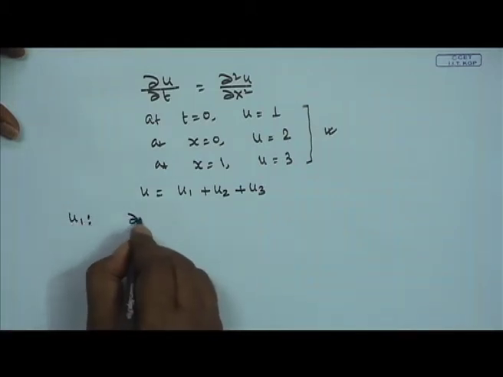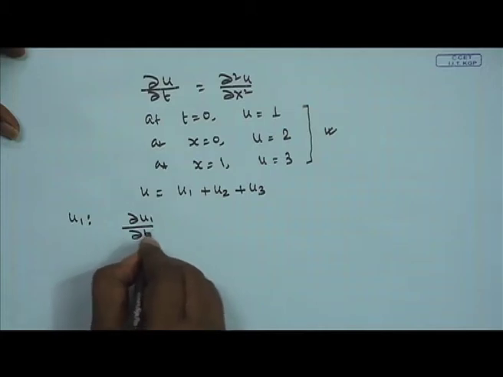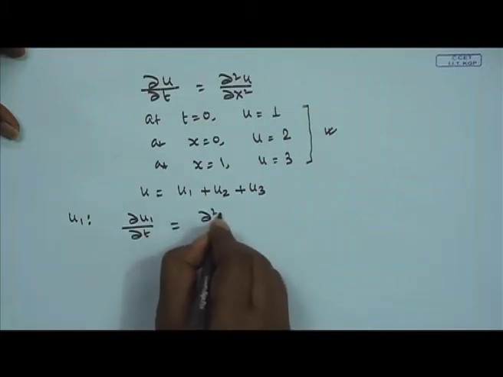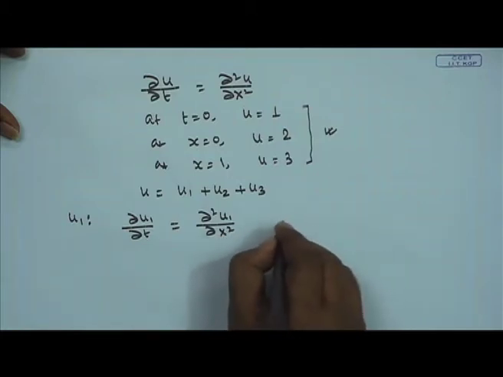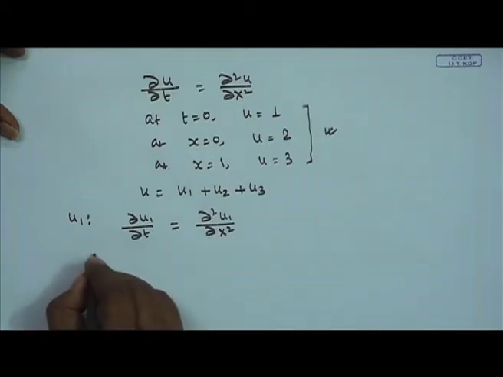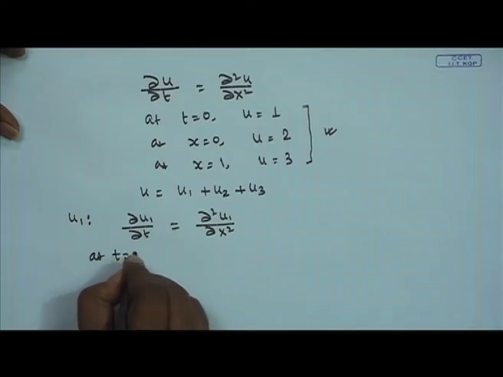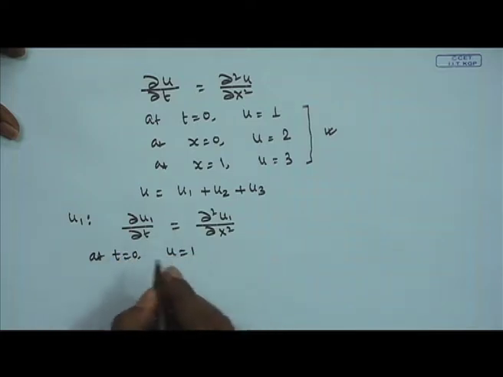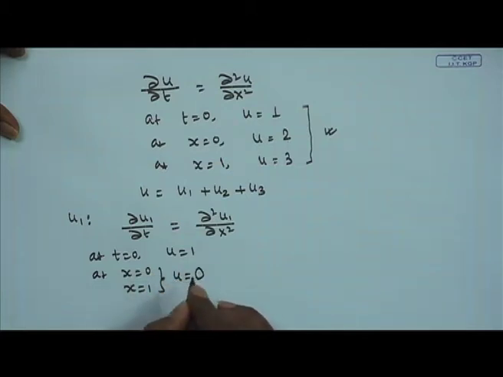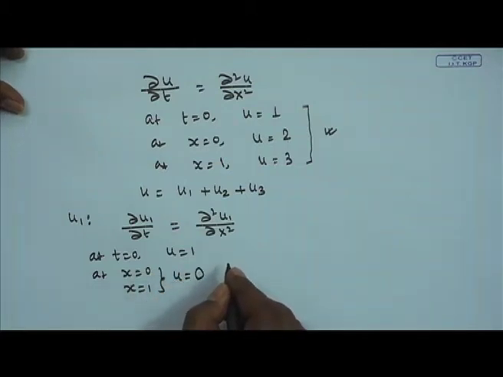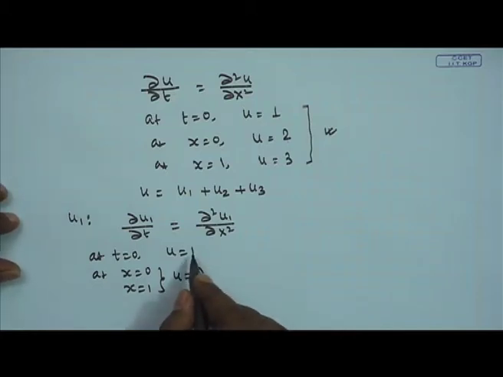u1 will satisfy del u1 del t is equal to del square u1 del x square, and the conditions are: at t is equal to 0, u1 is equal to 1, and at x is equal to 0 and at x is equal to 1, I force the non-homogeneities to vanish. So this has a non-zero initial condition.